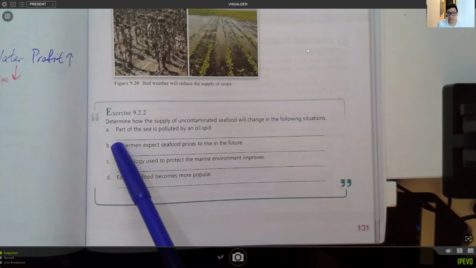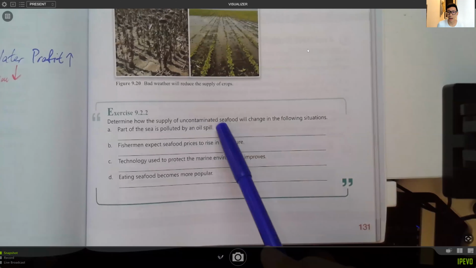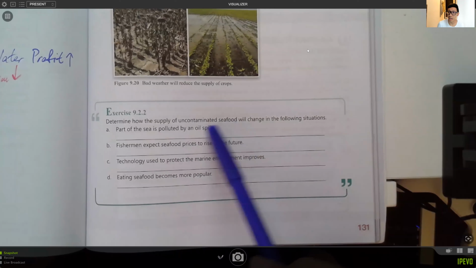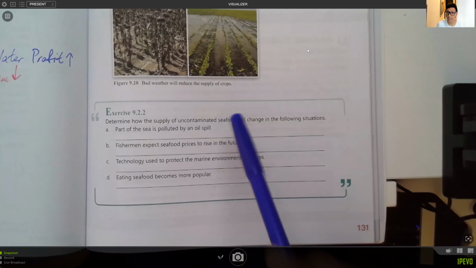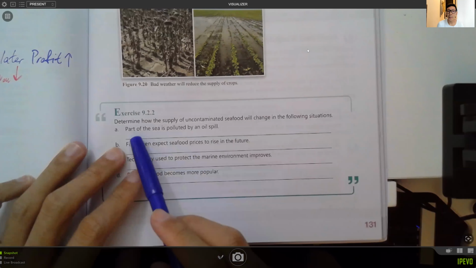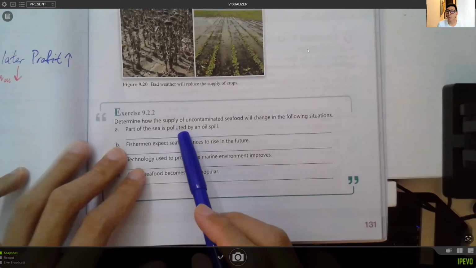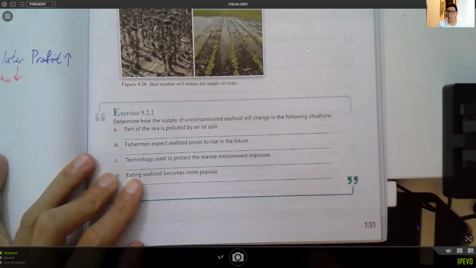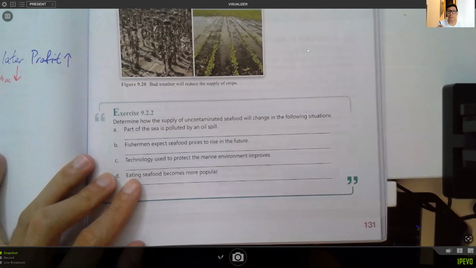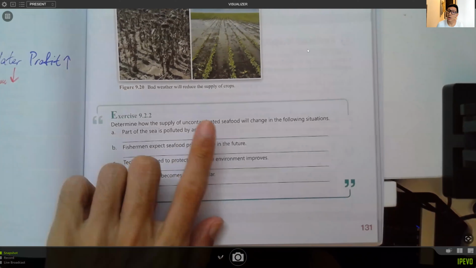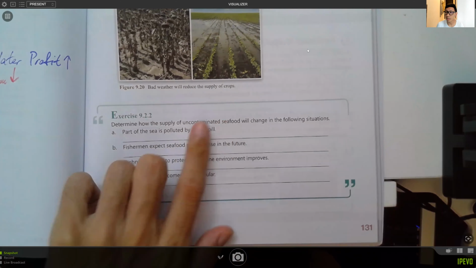Okay, now we need to determine how the supply of uncontaminated seafood，我哋而家講明係一啲乾淨嘅海鮮啊，will change in the following situation. We say part of the sea is polluted by oil spill. 好啦，而家有 oil spill 啦。So unfortunately, the area for producing uncontaminated seafood would decrease.